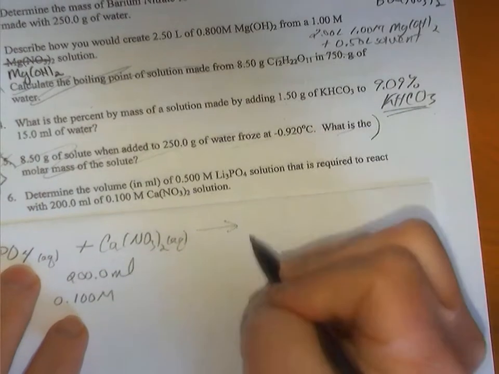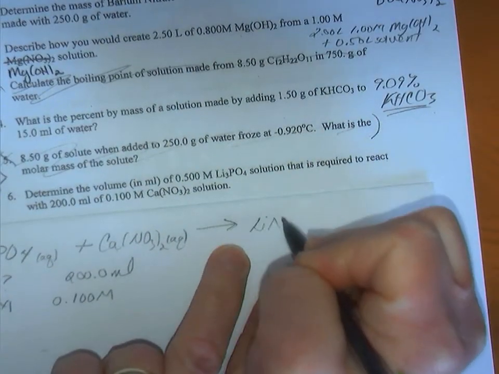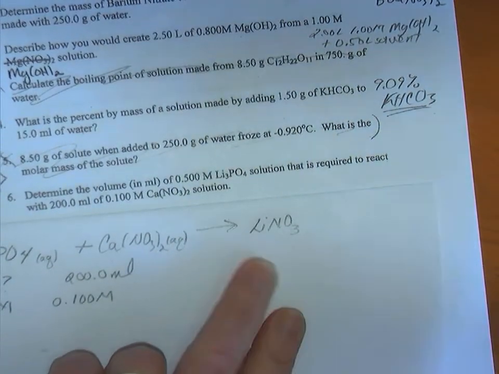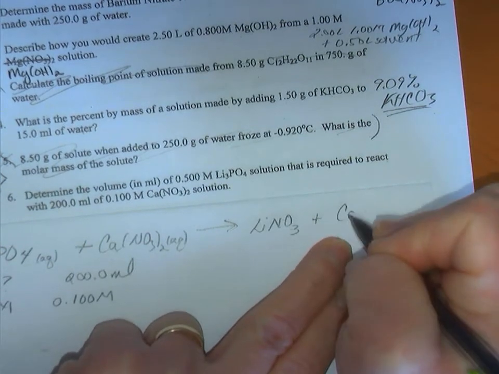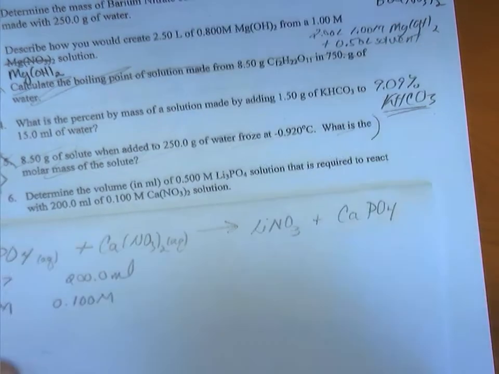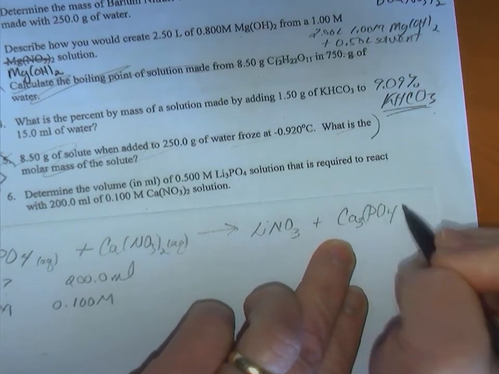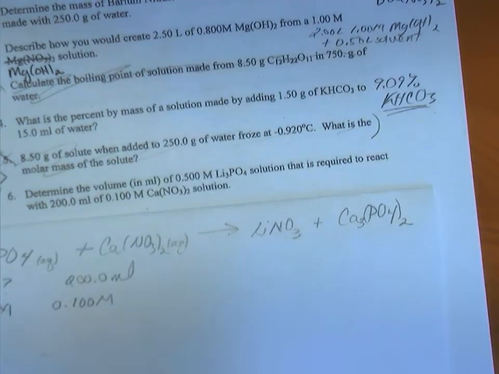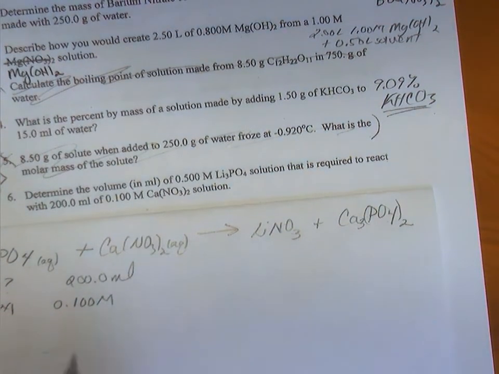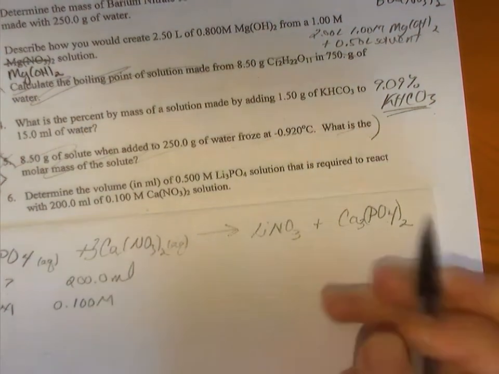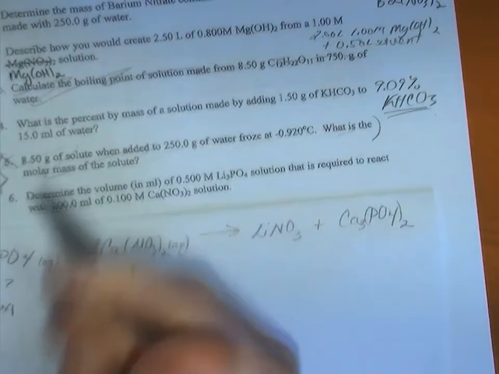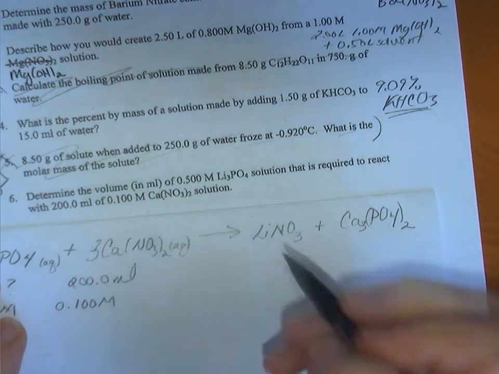So our lithium will be paired with nitrate, +1 -1, and our calcium will be paired with phosphate. But our calcium is +2, phosphate's -3, so Ca3(PO4)2. And then to balance, we would need a 3 and a 3.